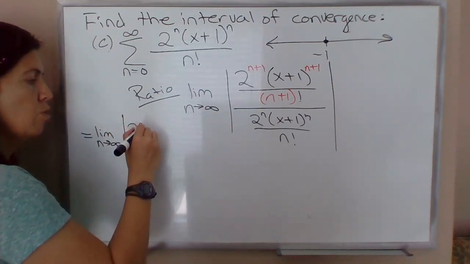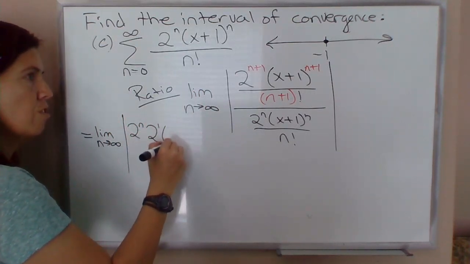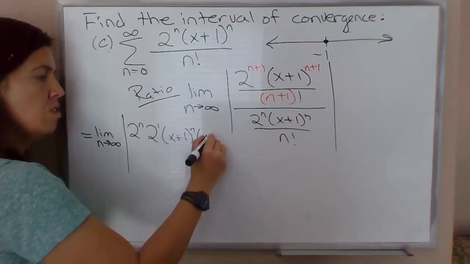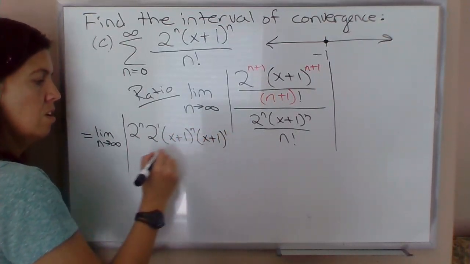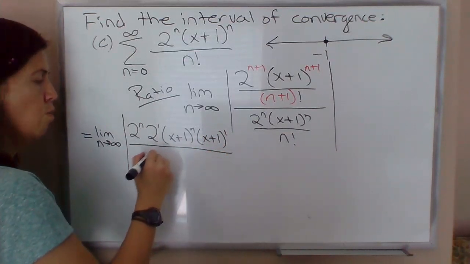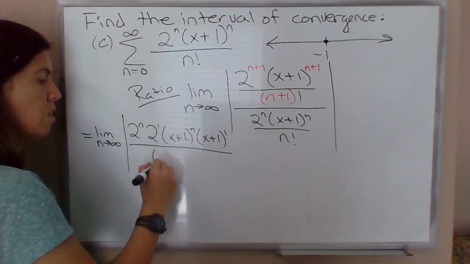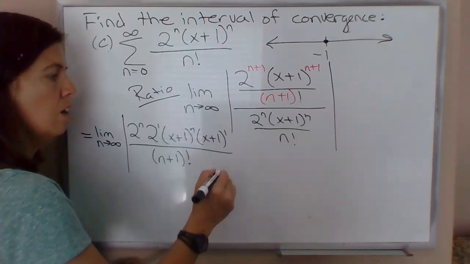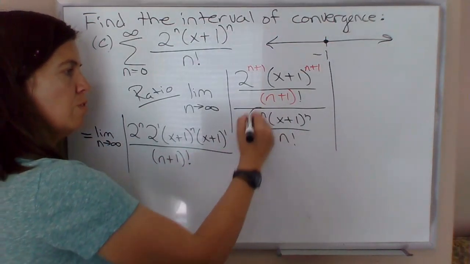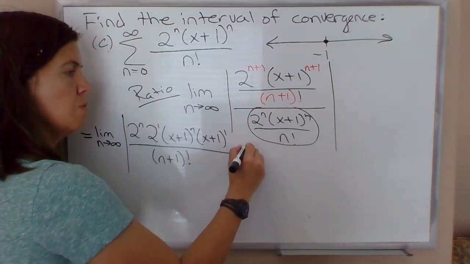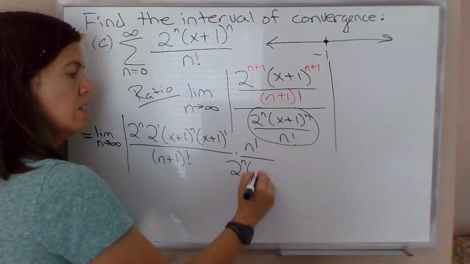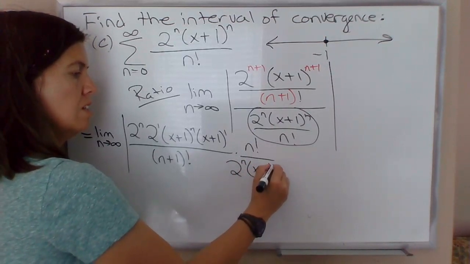Numerator: 2 to the n times 2 to the first, (x plus 1) to the n times (x plus 1) to the first, over n plus 1 factorial. I'll leave that alone for now. And multiply by the reciprocal of what's down here, so times n factorial over 2 to the n, (x plus 1) to the n.